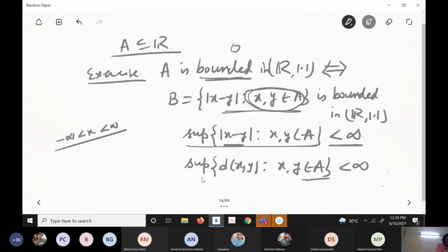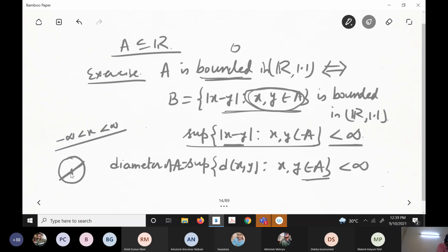Now look, this is also called the diameter of A. It has a solid justification for why it is called diameter. When you have a circle and you take the diameter, the diameter will give you the largest distance between any two points on the circle. Understand?